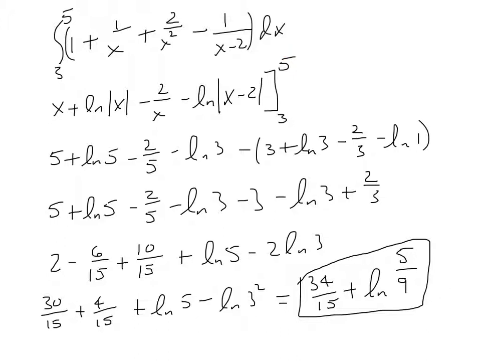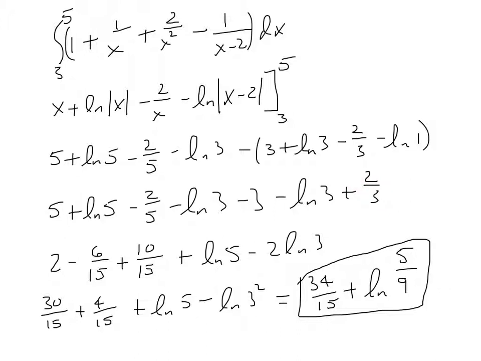So we plug in 5 first, minus, and then we plug in 3. The natural log of 1 is 0. So we're going to distribute this negative. Here we're going to have minus 3 minus natural log 3 and plus 2/3.